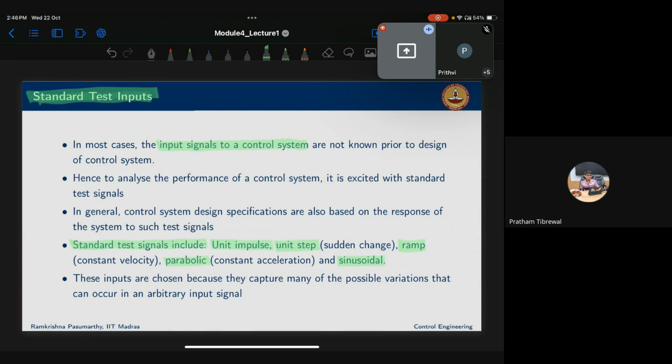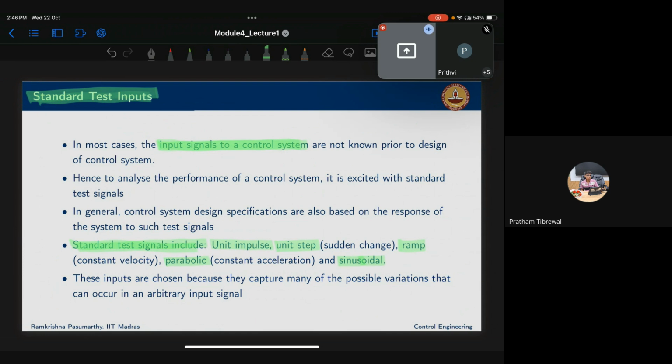What we do in practice is try to see the response for these standard inputs, and most of the time these unknown input signals are a mix of one or more of these standard input signals.